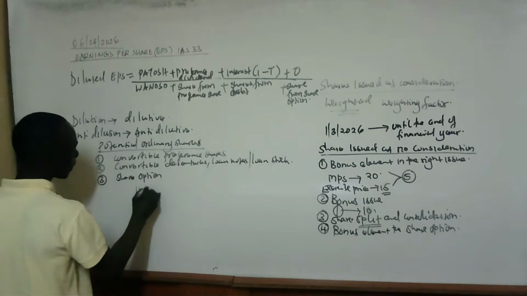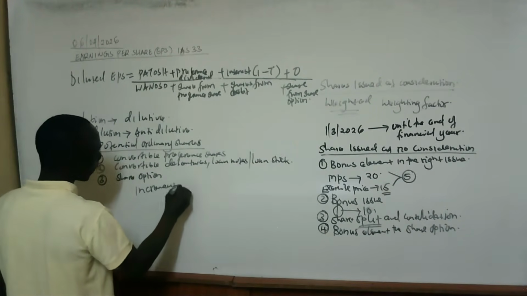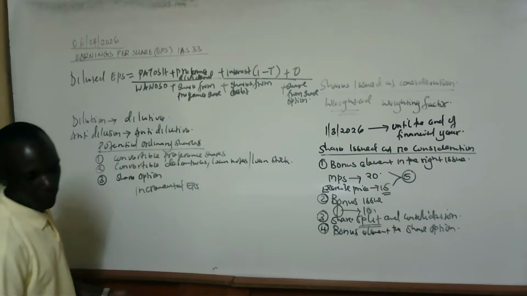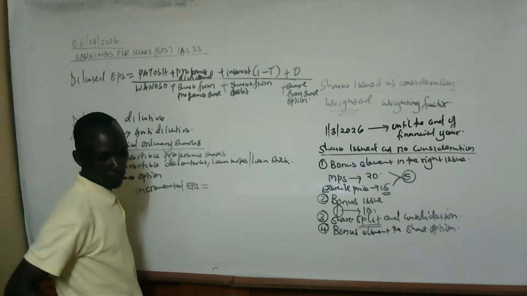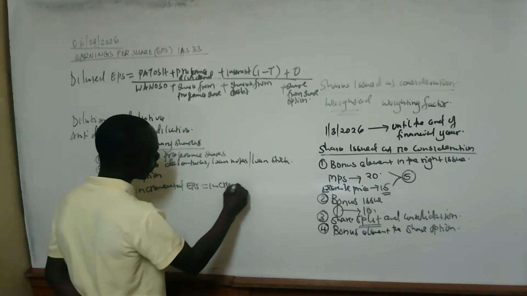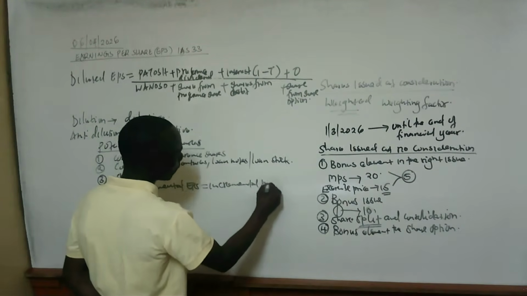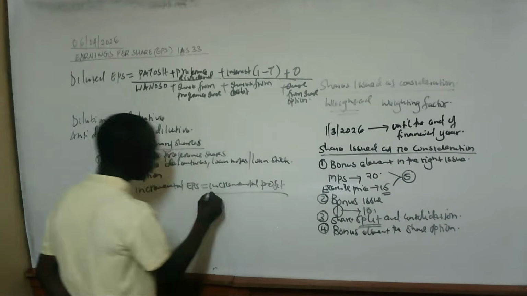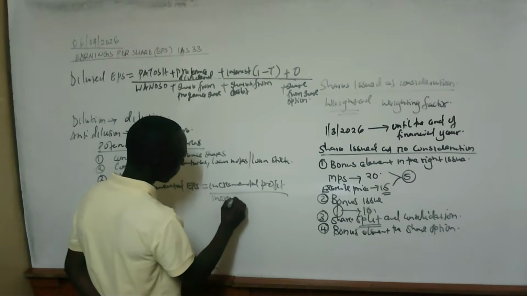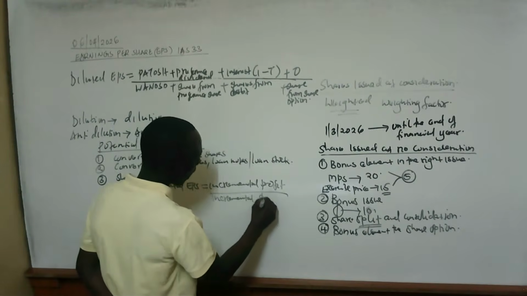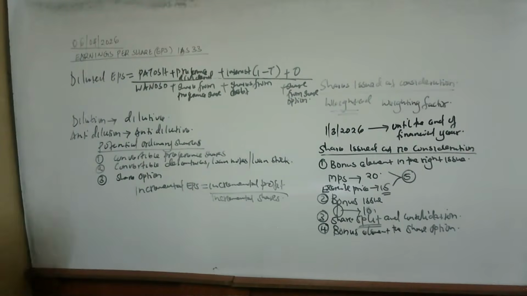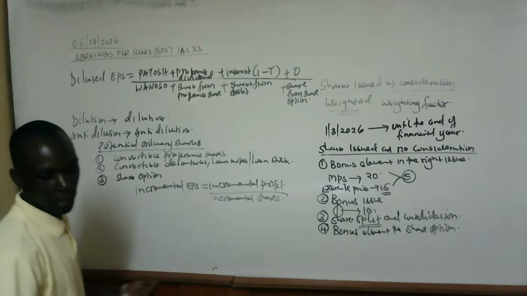And how do you get the incremental EPS? You take the incremental profit, then you divide by the incremental shares.